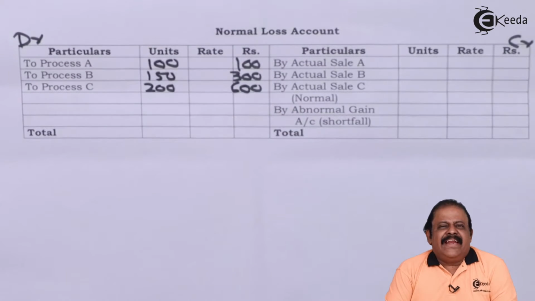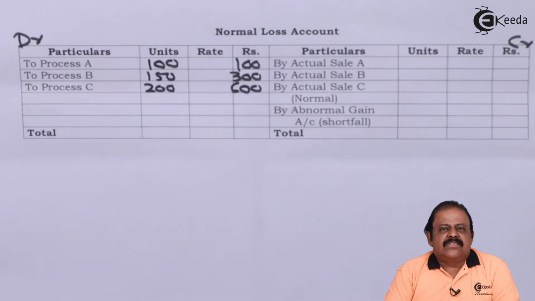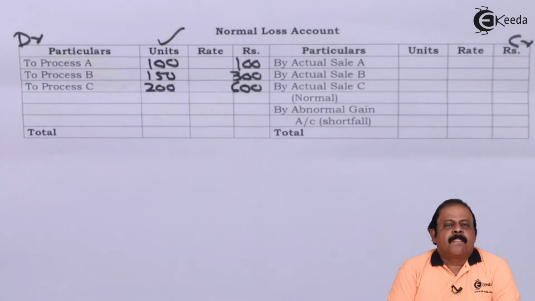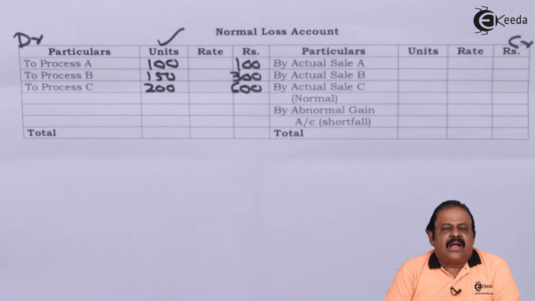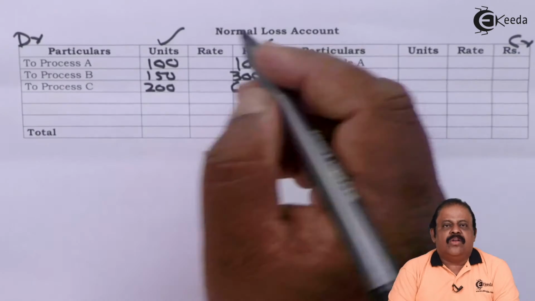This is how in every process we calculate normal loss units on input. Those quantities we are required to record here in the units column. In every process we are aware of the realizable value of scrap units, and that will be recorded here in the rupees column.